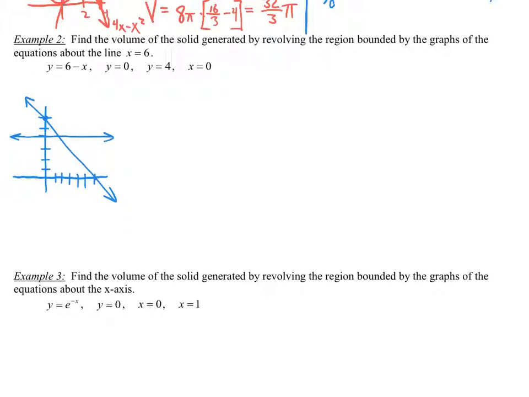So the area that we're dealing with here is this area right here. Now, here's where it gets a little bit interesting. We don't want to revolve it around the x-axis. We don't want to revolve it around the y-axis. We want to revolve it around this line, x equals 6. Let me do that with the pen. x equals 6.